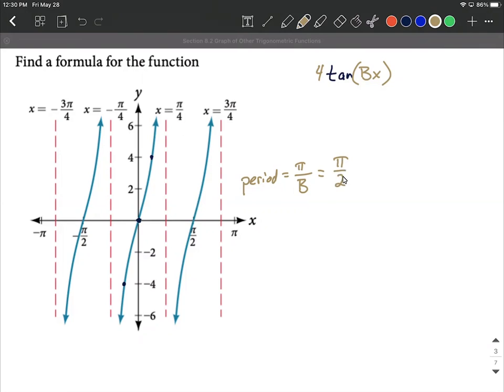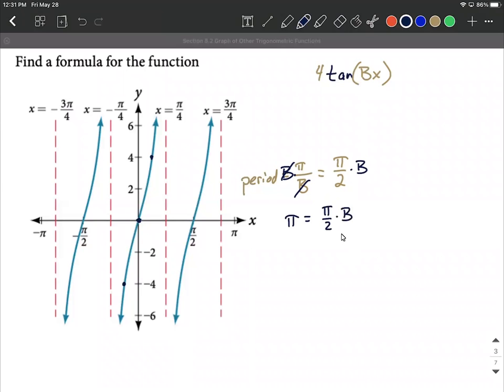The next thing we want to do is solve the equation that involves this b. We can't solve for b while it's in the denominator, so my first operation is to multiply by b to get it out of the denominator. This leaves us with pi equals pi over 2 times b.